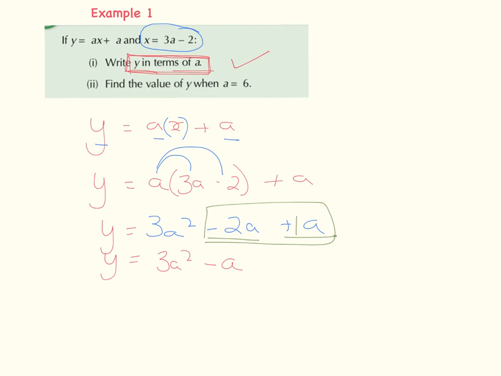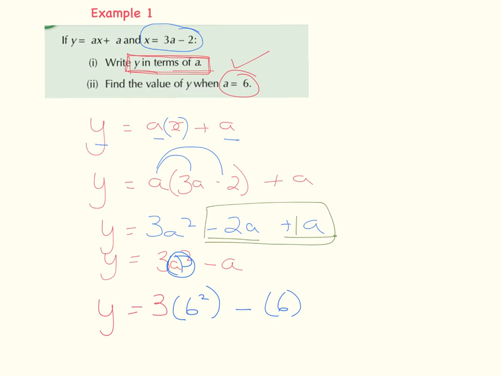The second part asks me to find the value of y when a is equal to 6. So a is equal to 6, I can now fill that in on my equation. So I have y equals 3, again it's 3 bracket a squared. It's the a that's squared, not the 3a, so it's going to be 3 times 6 all squared, minus a, which is going to be minus 6 in brackets.